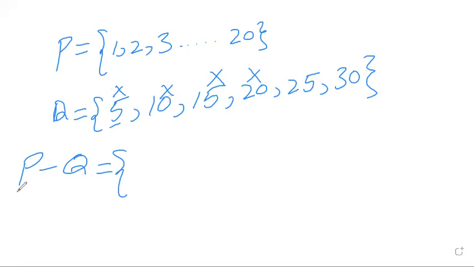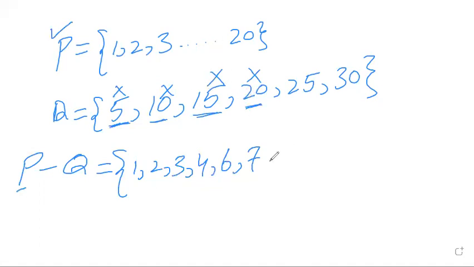Now, you are finding P minus Q, so you will not write these elements. Other than these, the remaining of P you will write. What will be remaining? 1, 2, 3, 4, 5 we will not write because 5 is in both and you have to take away 5. Then after that you will write 6, 7, because you have to take away only these elements which are in both.